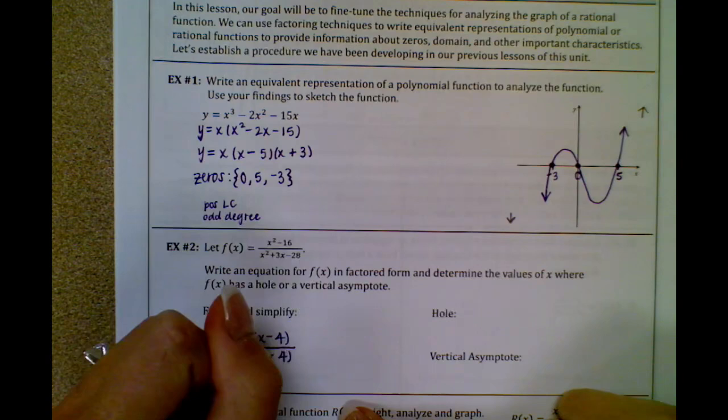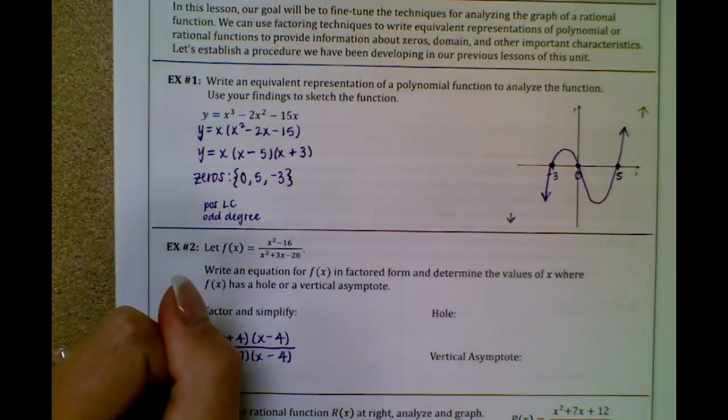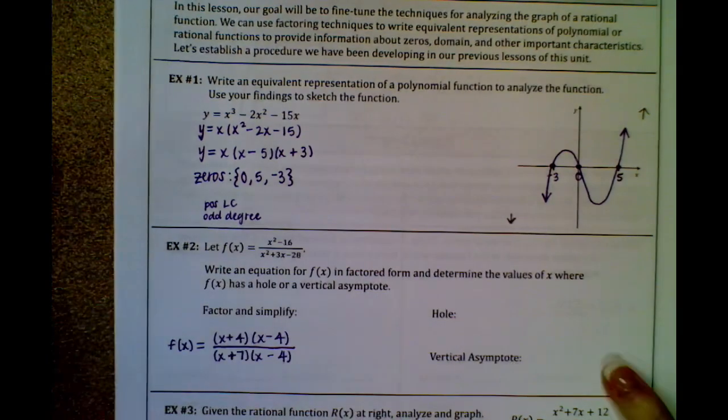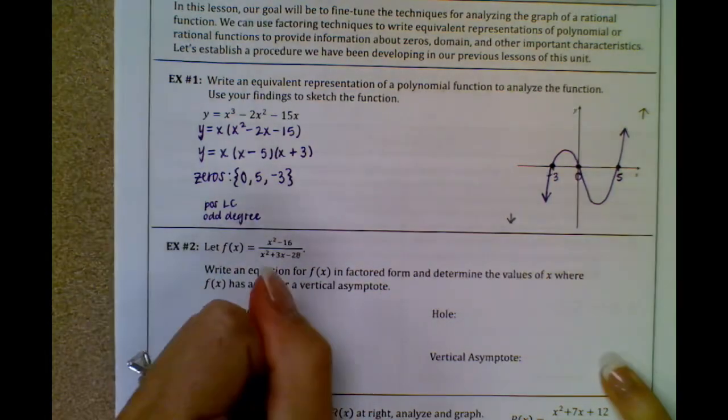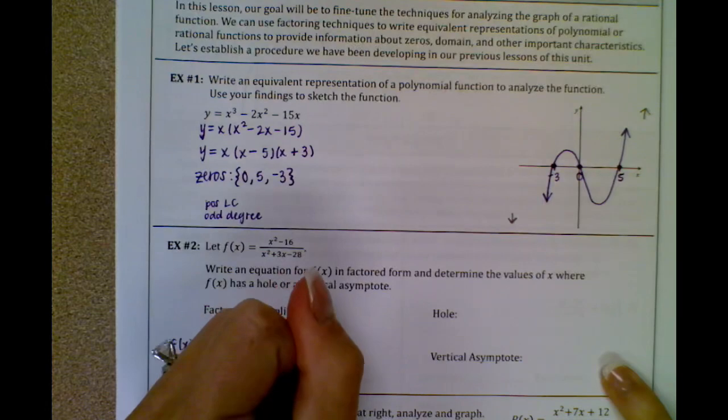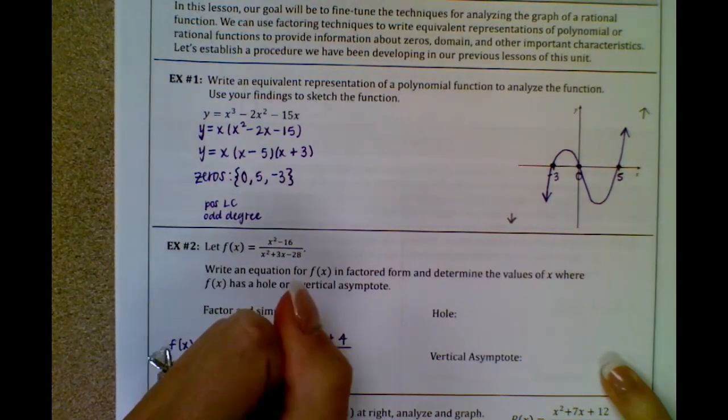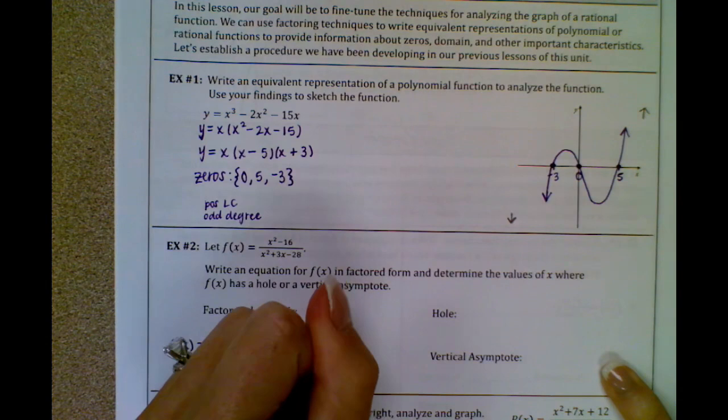And I want a positive 7 minus 4 in order for that to factor correctly. And notice that my common factor is x minus 4, so those go away. And I'm left with x plus 4 over x plus 7.